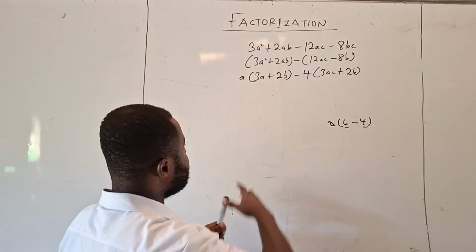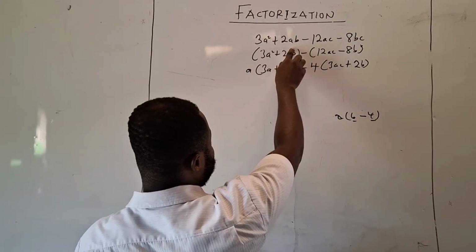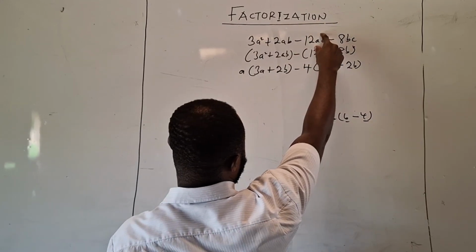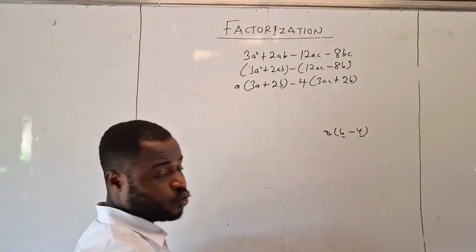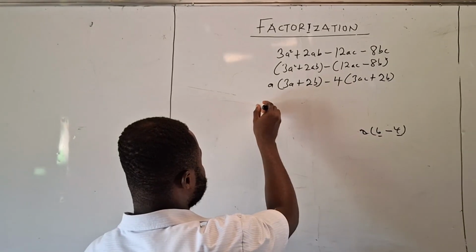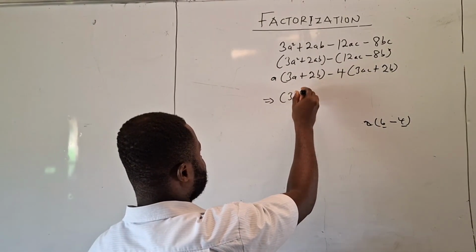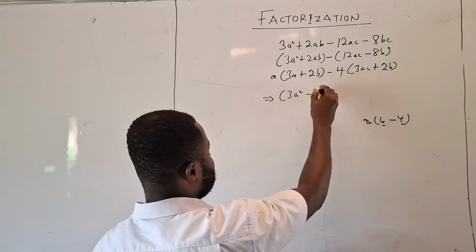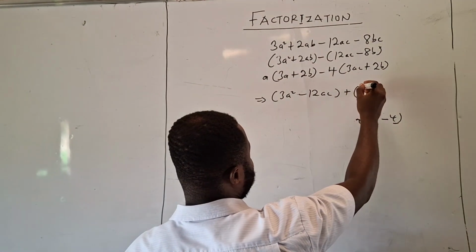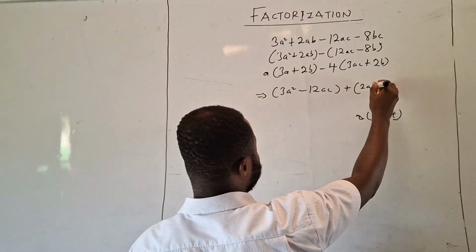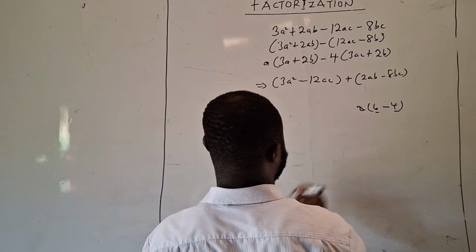And for the regrouping, here we use the first term and the third. So we can use the 3a squared and the 12ac, then we can come and use the 2ab and this to see if we get it. So the regrouping, we can have 3a squared minus 12ac, then plus 2ab minus 8bc.